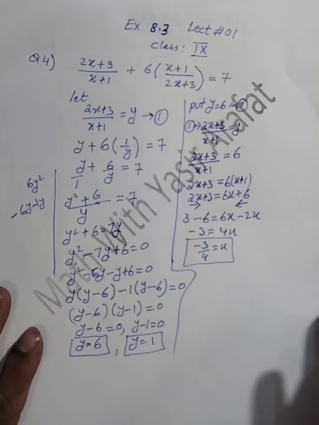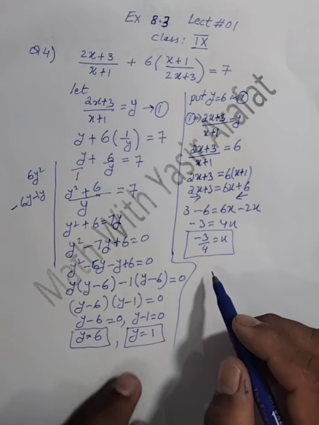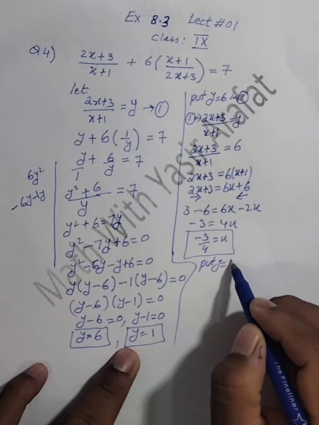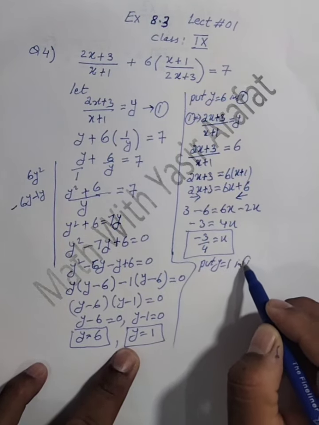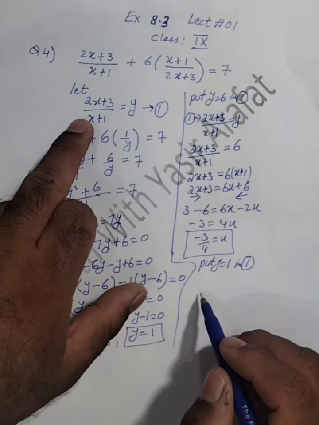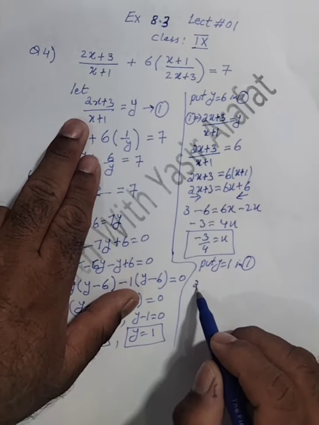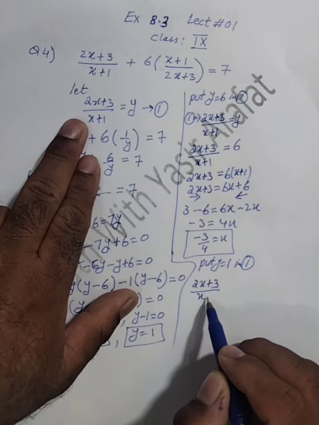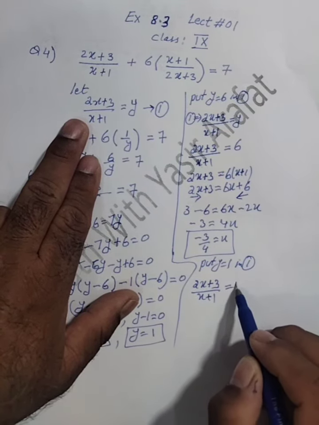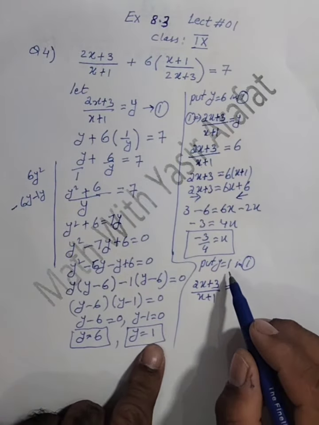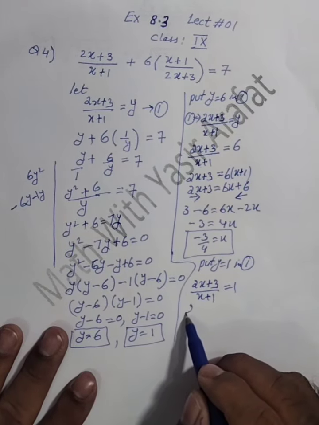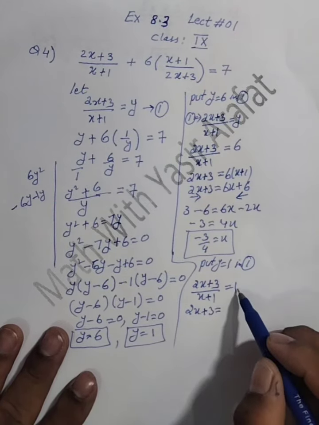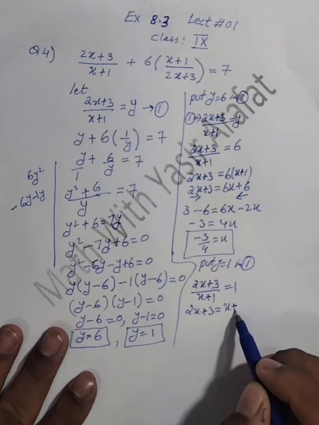Now we have to put the other value of y. So put y equals 1 in equation number 1 again. So this is equation number 1, (2x plus 3) over (x plus 1) equals 1, because y equals 1 here. Again we have to repeat the same activity. This x plus 1 will be multiplied by 1, there is no change here.